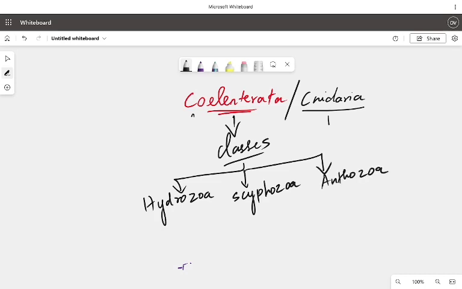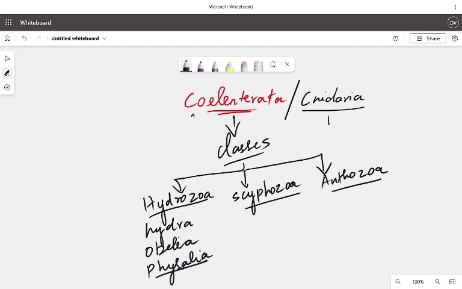Okay. So according to the classes, let me give you the examples. For Hydrozoa, of course, you can write Hydra, then you can write Obelia, which is sea fur, and then Physalia.